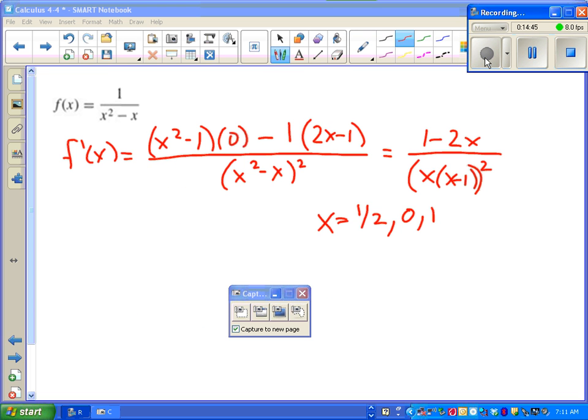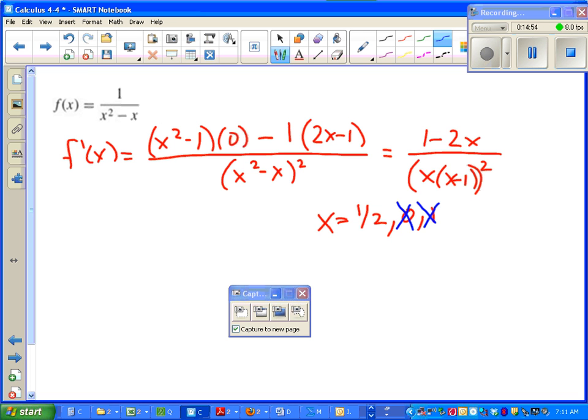Looking at my first derivative, I find 3 critical numbers, one at 1/2, one at 0, and one at 1. Immediately I get to cross off 0 and 1 because they're not in my interval. Remember, our interval is 0 to 1, non-inclusive. So I could really only possibly have my absolute maximum right at 1/2.